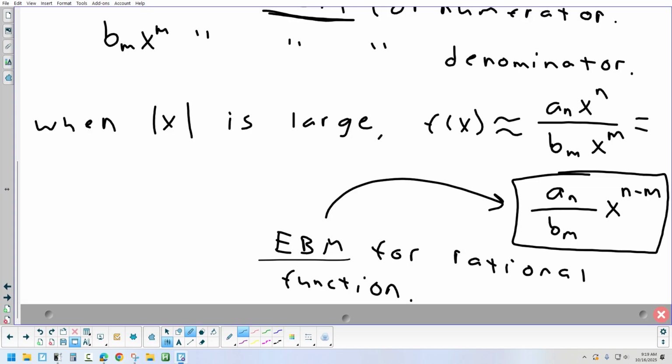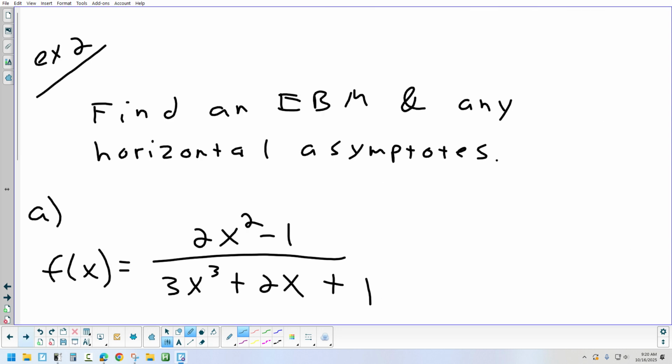Horizontal, yeah. So the EBM is going to be the way that we can figure out the horizontal asymptote now, because it tells us what's happening on the edges of the graph. And that's exactly what happens when you let x equal infinity or negative infinity. So the first step to finding a horizontal asymptote is to find the EBM and then look at the EBM, and that will tell you your asymptotes.